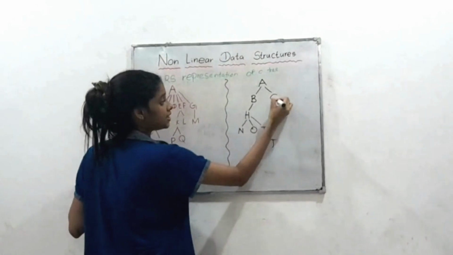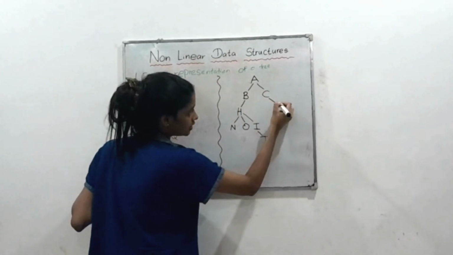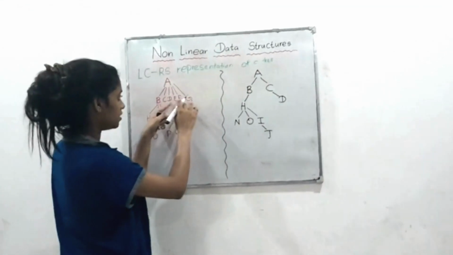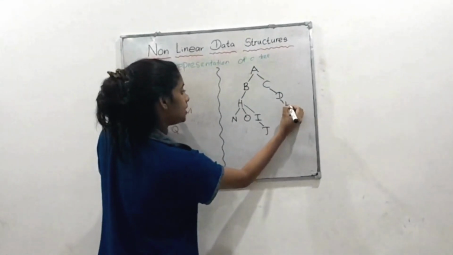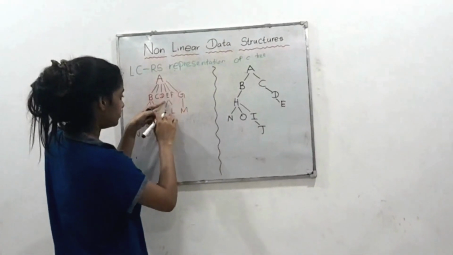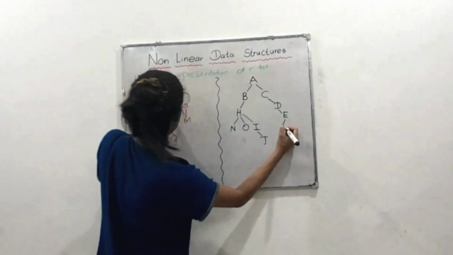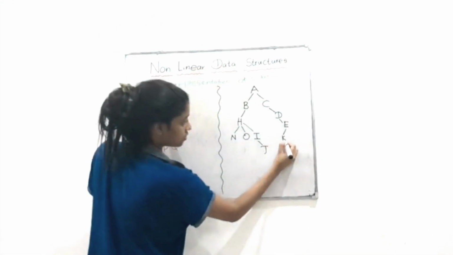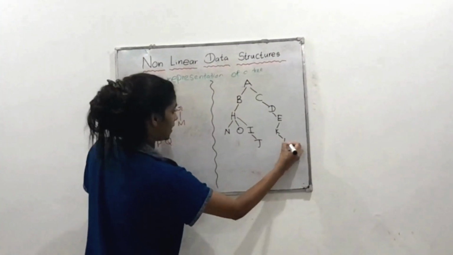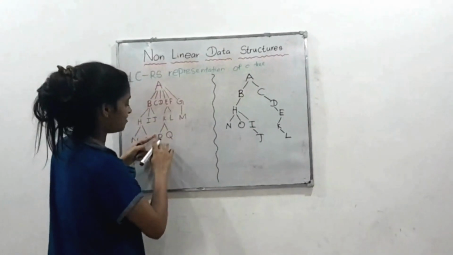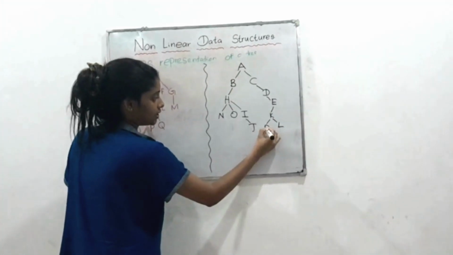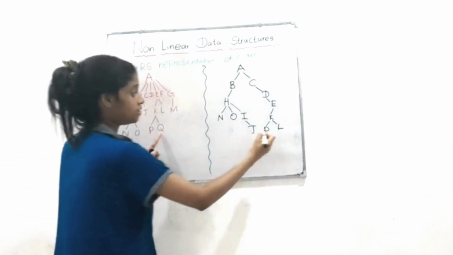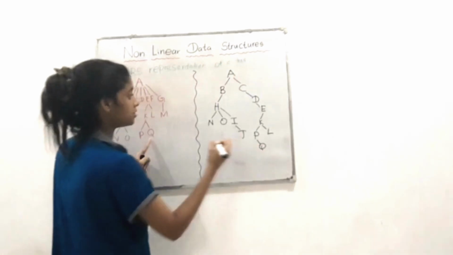We have C, B already in the right side of C. Then we have E. E have left side K and K have right side L. K have left side P and P have right side Q, right?